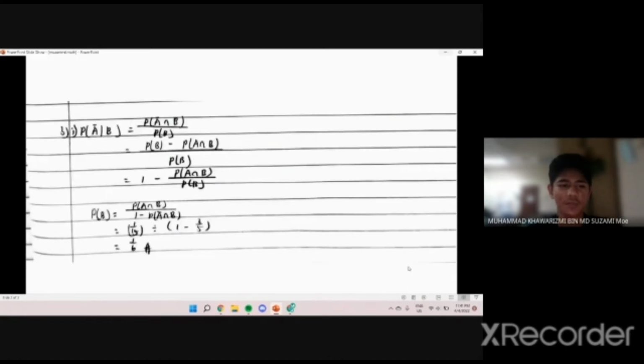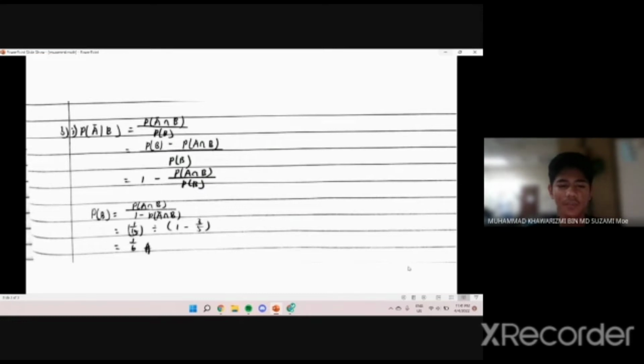So we just need to apply the formula: probability of A given B equal to probability A intersect with B over probability B. Then probability B minus probability A intersect with B over probability B. As we know, probability B over probability B, we will get 1.